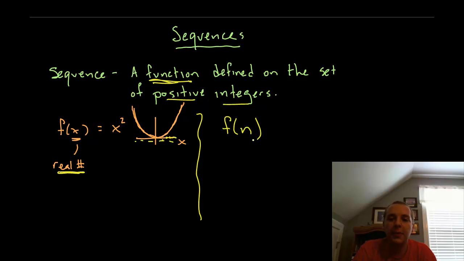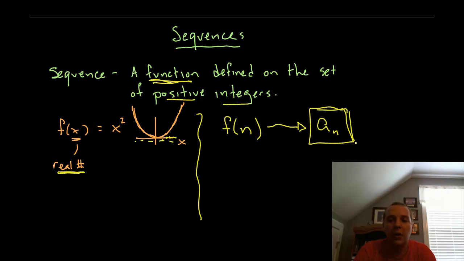It doesn't have to be an n. Oftentimes we'll use letters i or j or k, but more often than not we use the letter n. Also, to help eliminate confusion with functions on the continuous domain, we'll rewrite our notation for this function on the positive integers as a sub n most often.